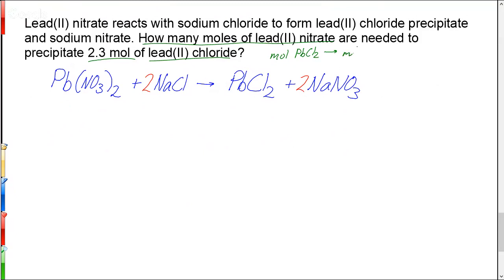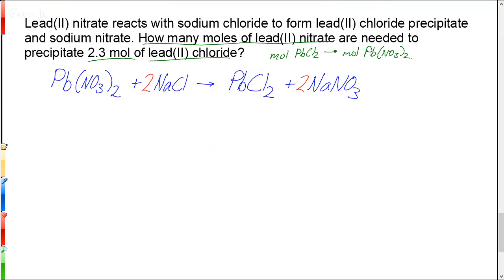To figure out that relationship, we don't need any molar masses because we're not talking about grams, we're just talking about moles. So we just need those numbers from the equation to get that ratio.